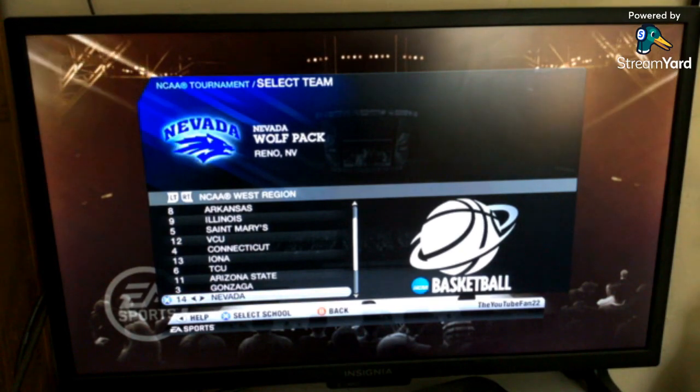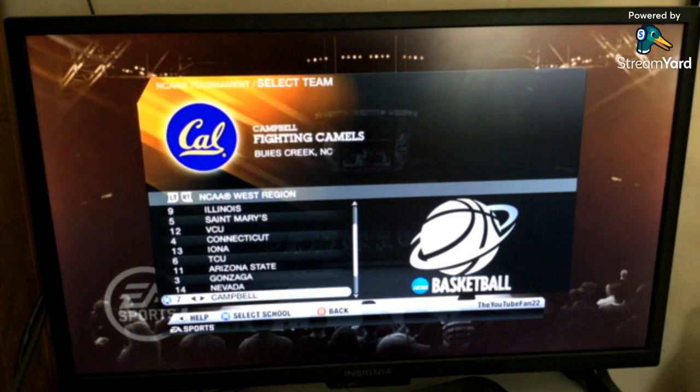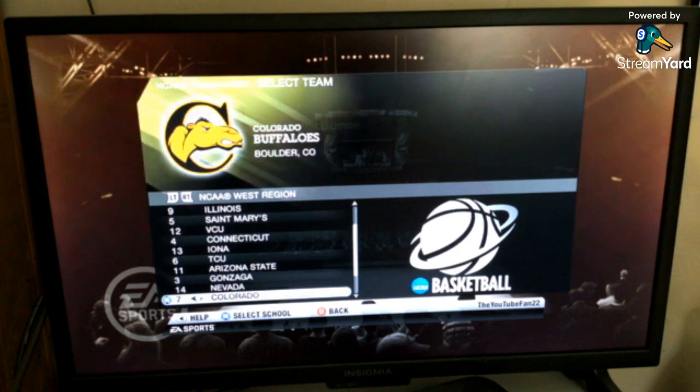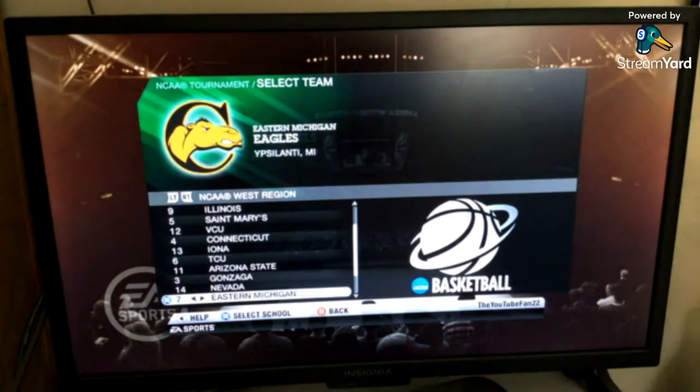So our next one is the 7th seed, and that goes to Northwestern. I wish there was an easier way of selecting the schools.